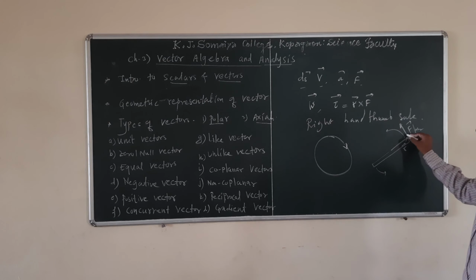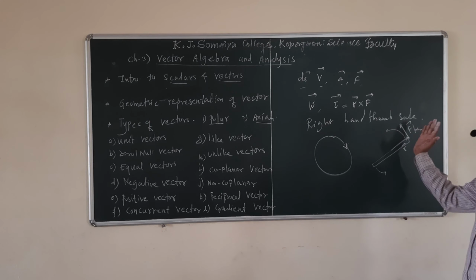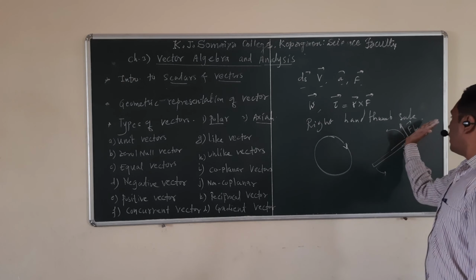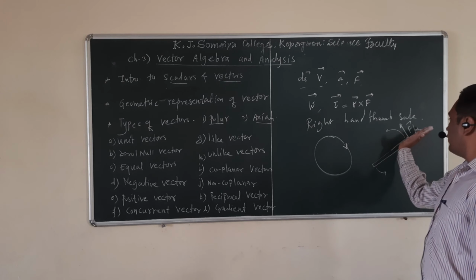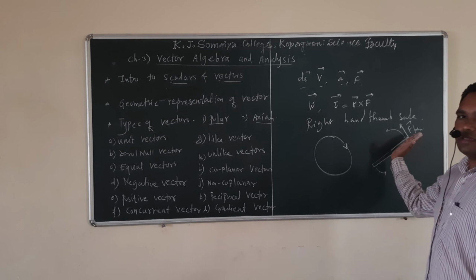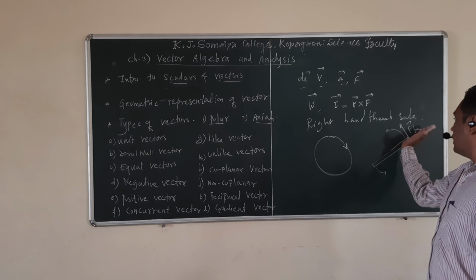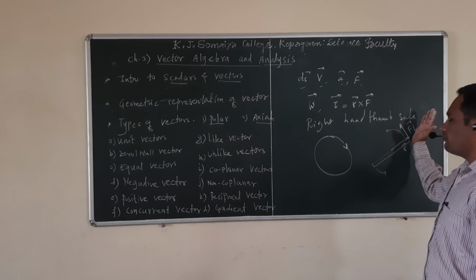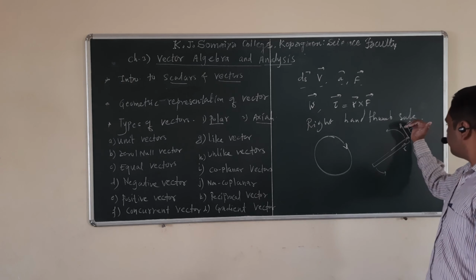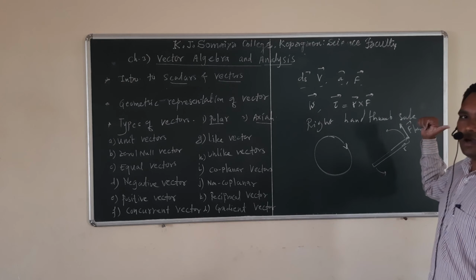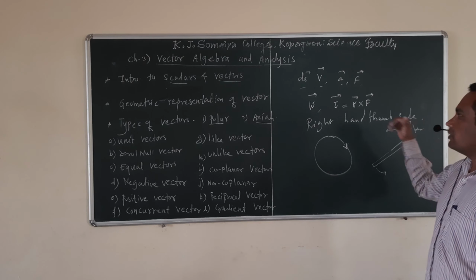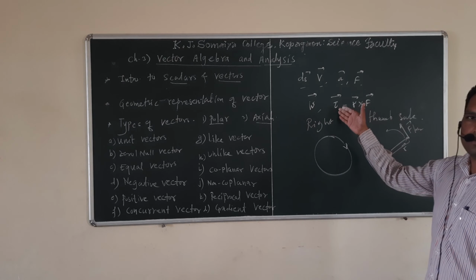Then for the cross product R cross F, again by the right hand rule, we put our fingers in the direction of the first vector R, curl them towards the second vector F, and the outstretched thumb gives the direction of torque.